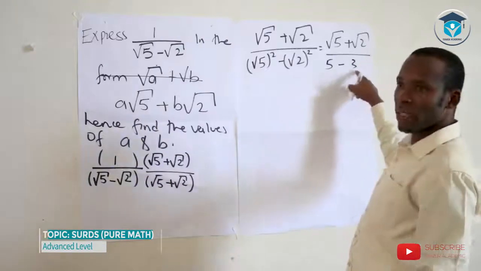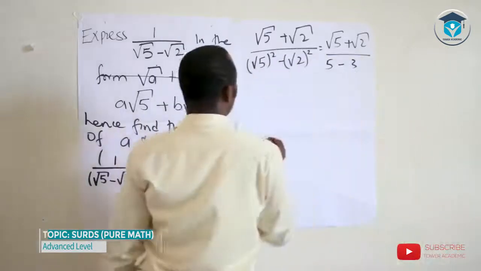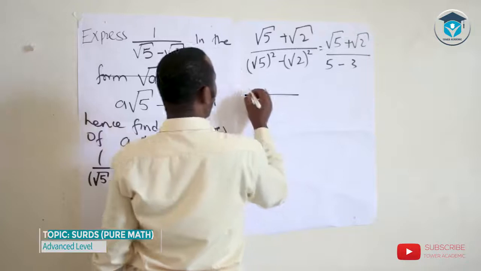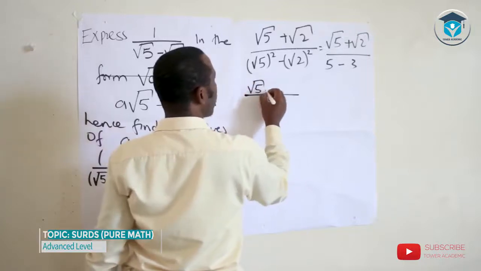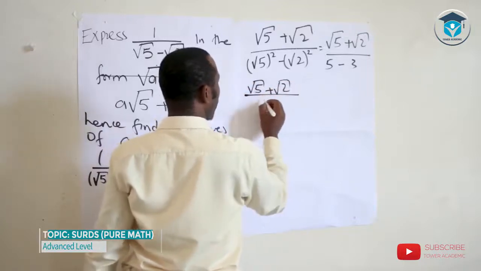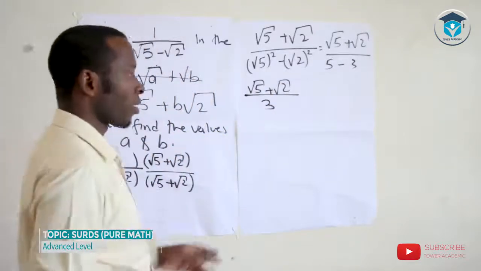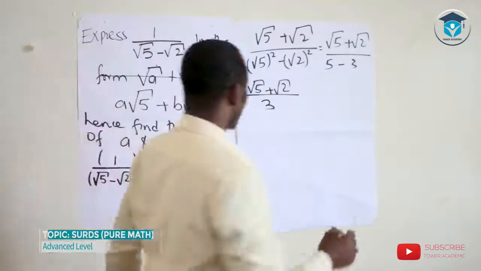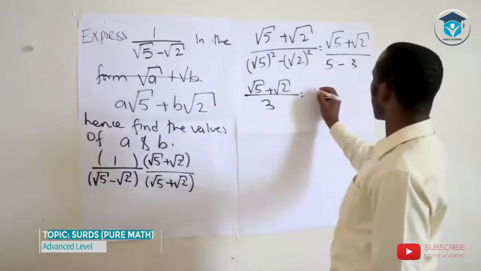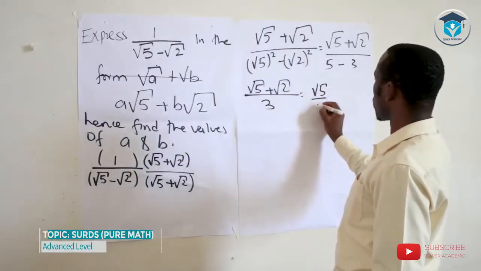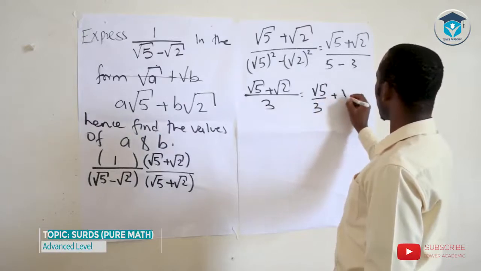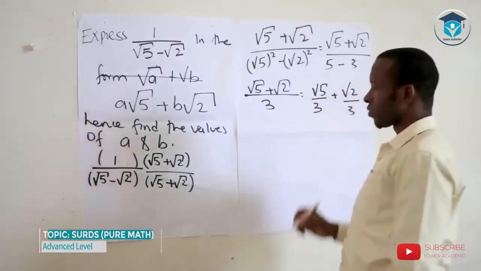So 5 minus 2 will give us a 3. So this will now be root 5 plus root 2 divided by 3. So I'm going to split these two. I'll have root 5 out of 3 plus root 2 out of 3.